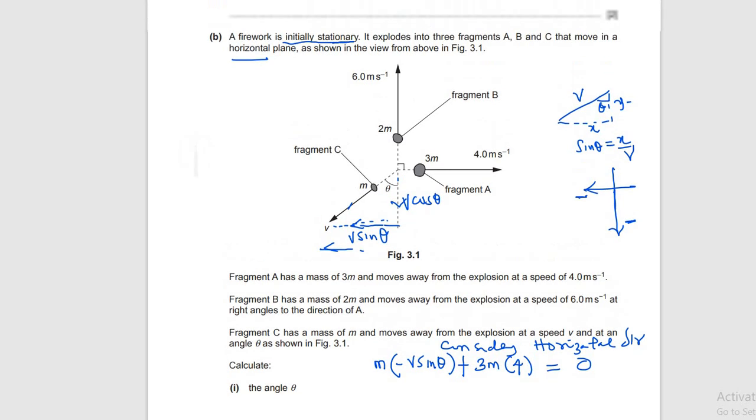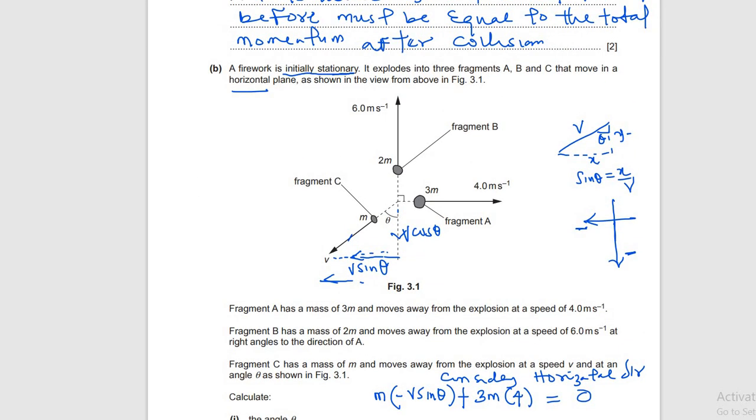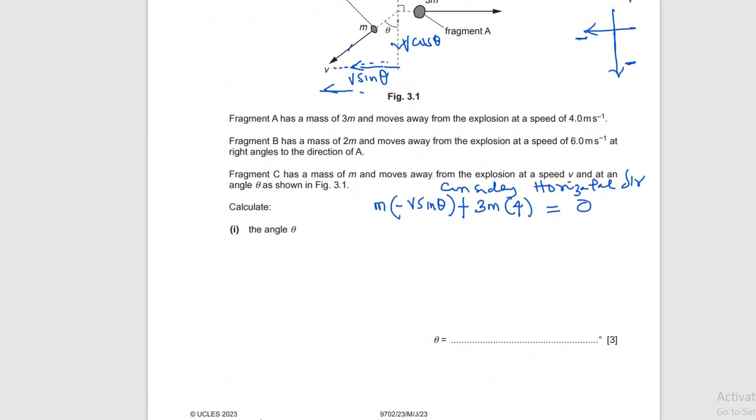Because the question stated initial stationary. So from this horizontal component, I can say minus mv sine theta equal to minus 12m. So minus cancels minus, mass cancels mass. So v sine theta equals 12. I'll call it equation 1.